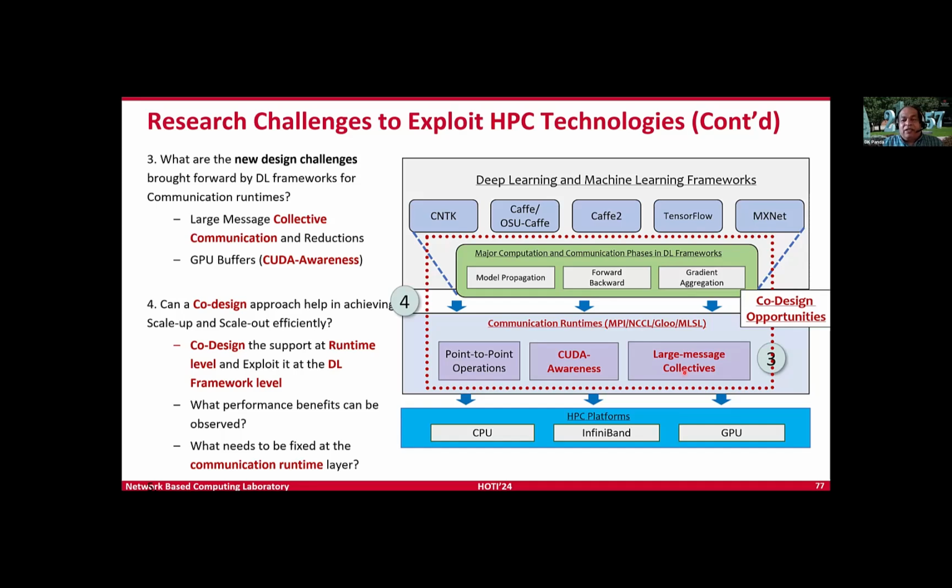Because if you are running a training for 3 months, GPUs are bound to fail. There will be errors. So how do we recover from those? There is a lot of work taking place, either bringing those solutions into the framework level or, let's say, to the MPI level. How do I do efficient checkpoint restart? All those are becoming challenges.